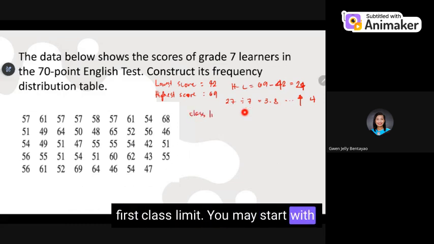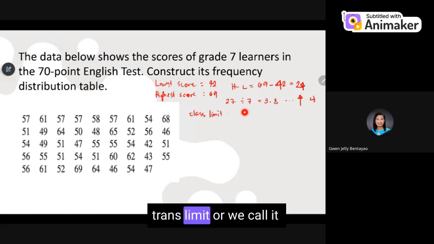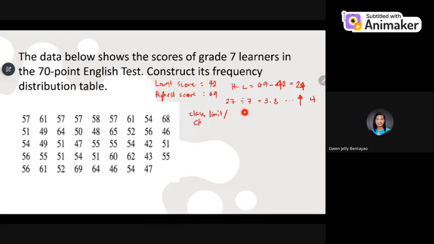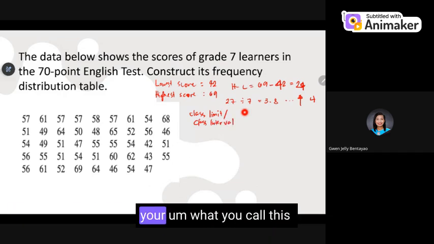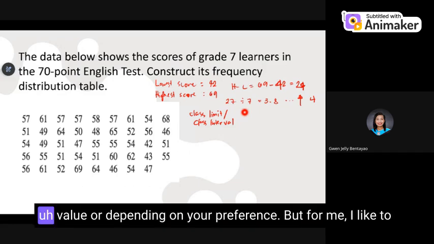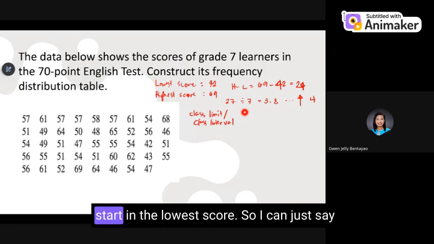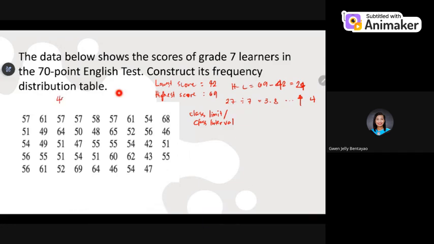You may start with the class limit, or we call it class interval, with the highest or with the lowest, depending on your preference. But for me, I like to start with the lowest score. So I can just say 42 plus 4.